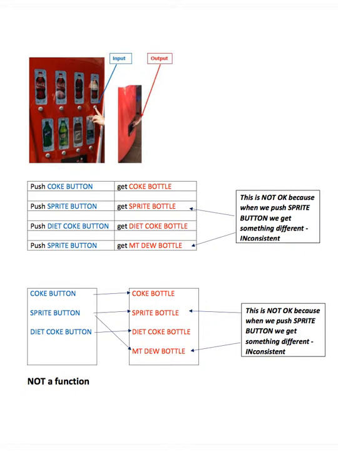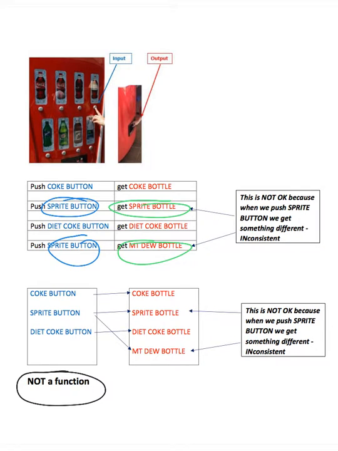Here we have an example of a relation that is not a function. Notice in this case, you push a Sprite and you got a Sprite, but the next time you push Sprite, you got Mountain Dew.